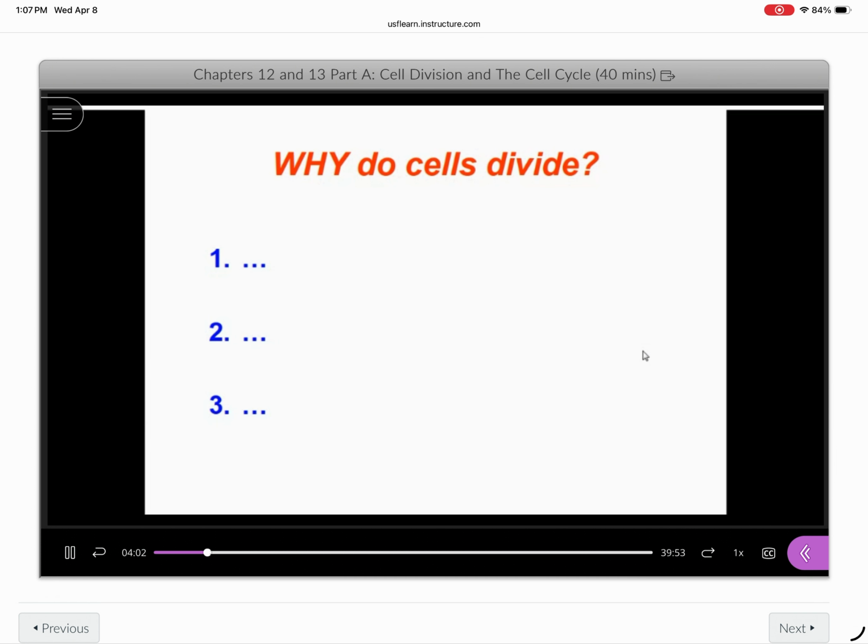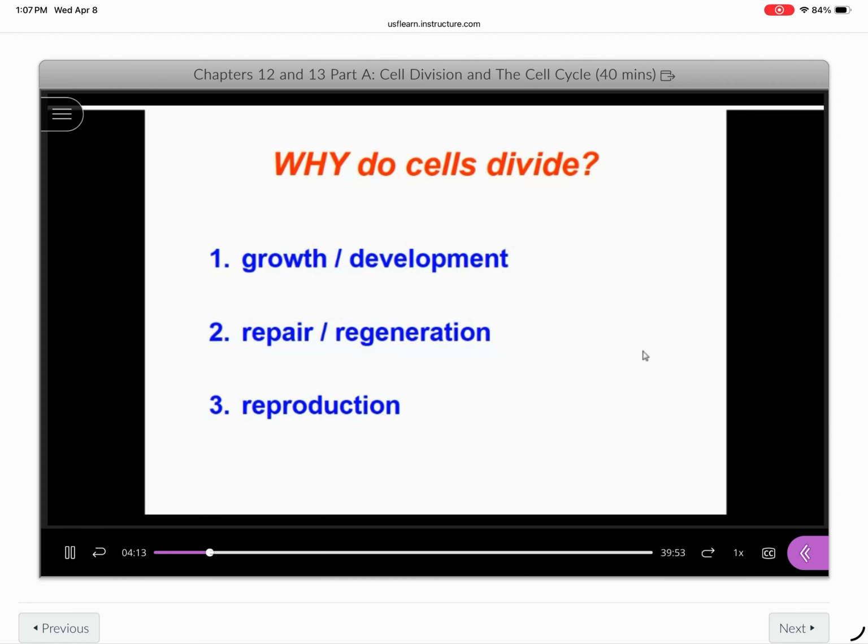Since we're talking about cell division, why don't we answer this question? Why do cells divide? There's actually multiple answers, as you can see. One reason is for growth. In a multicellular organism, an individual grows by cell division.